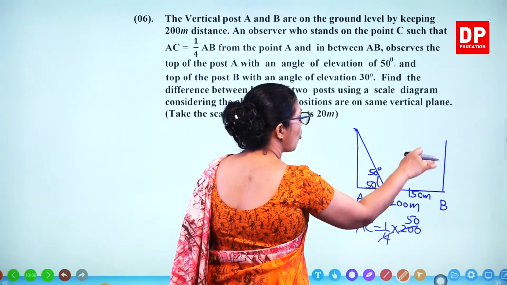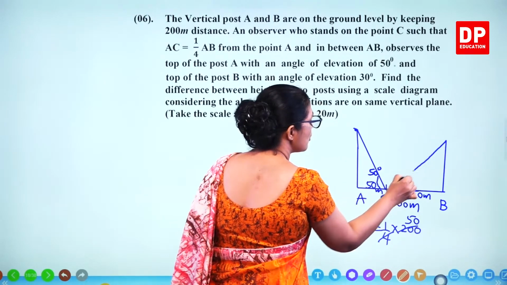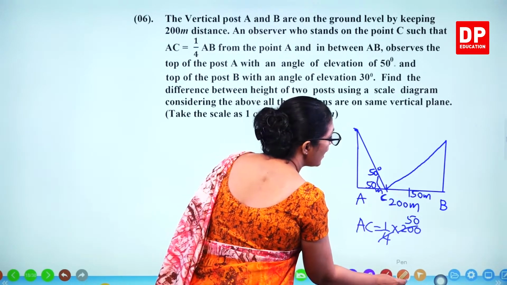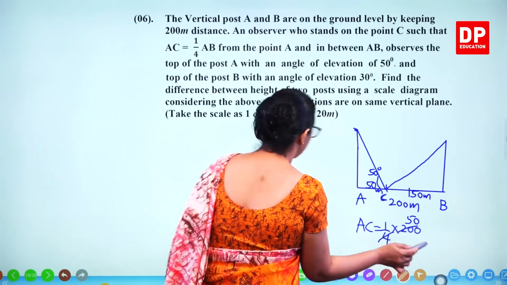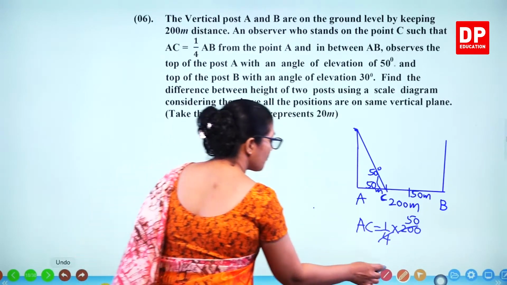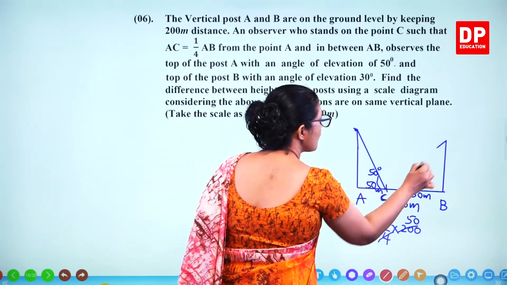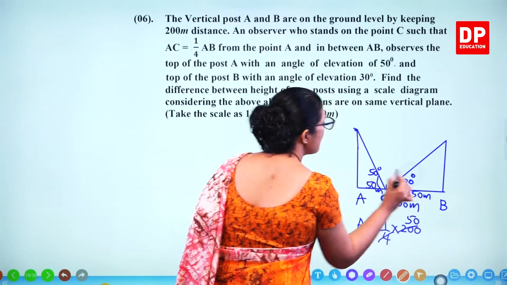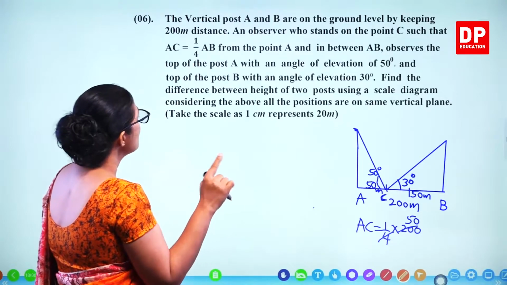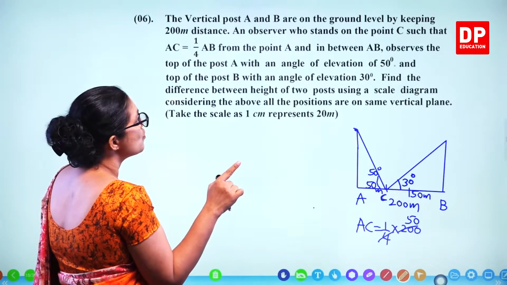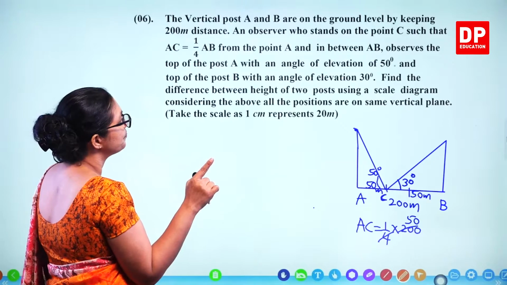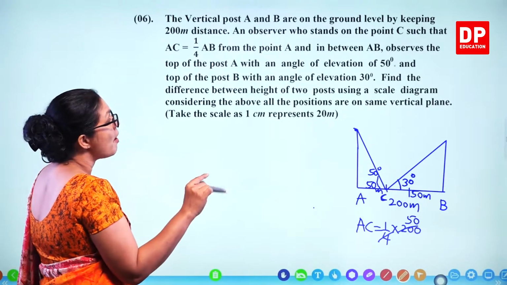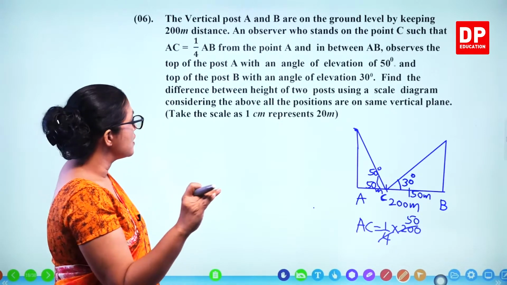So that means smaller than that. The height should be smaller. Okay, so that's okay. So this is like this and this is given 30 degrees. Find the difference between heights of 2 posts using scale diagram. And considering the above, all the positions are on the same vertical plane.